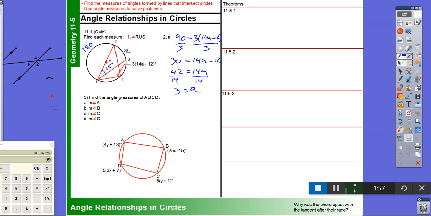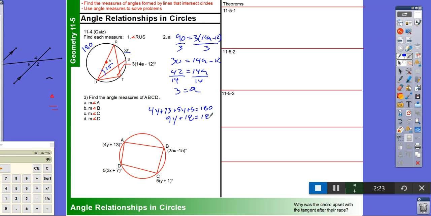Find the angle measures of ABCD. Remember, this plus this has to be 180 degrees. So we know that 4y plus 13 plus 5y plus 5 is equal to 180. So that's 9y, and 13 plus 5 is going to be 18.